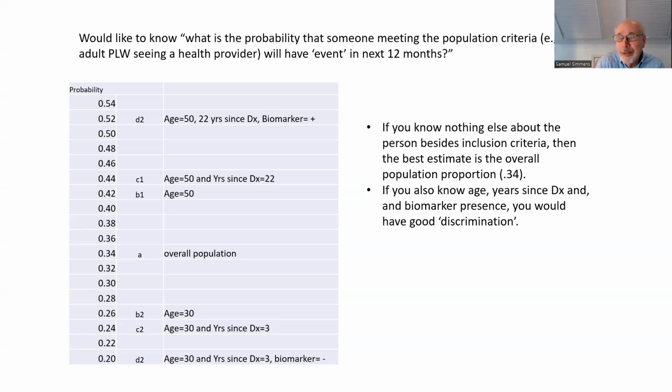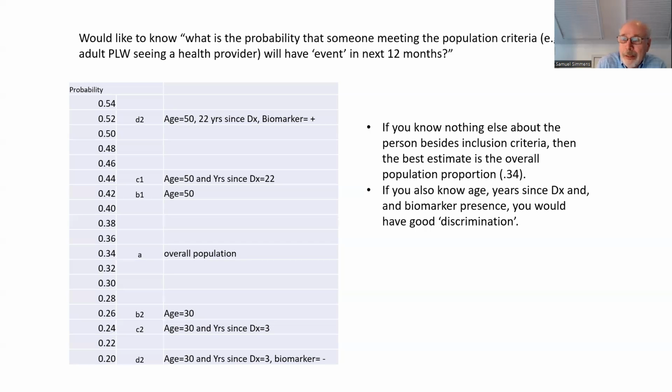And then I said, well, supposing this is some sort of biomarker study and you have a biomarker positive or negative for everyone in the sample. So let's say you add that to the model and you take the same person who's 50 years old, 22 years since they were diagnosed, and their biomarker is positive. Well, that pushes the probability up to 52%.